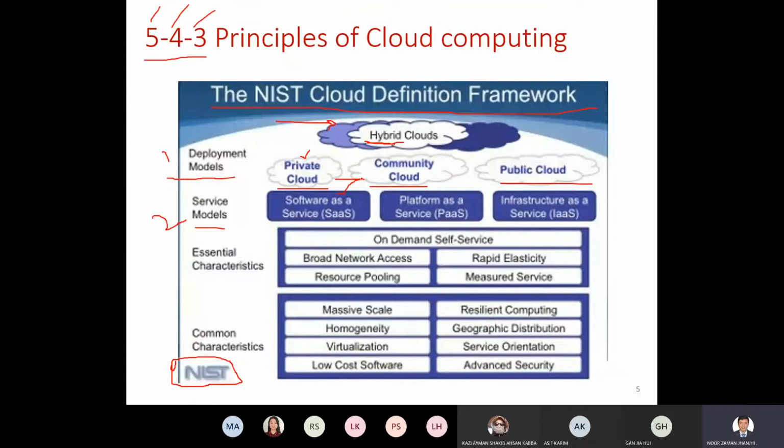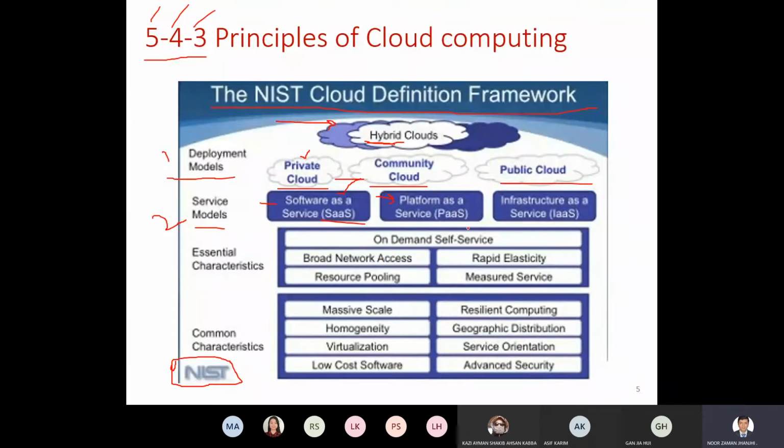Number one, software as a service: the cloud which provides us services at the level of software, that's why we call it software as a service, normally SaaS. Then the second service model is platform as a service, which is called PaaS.